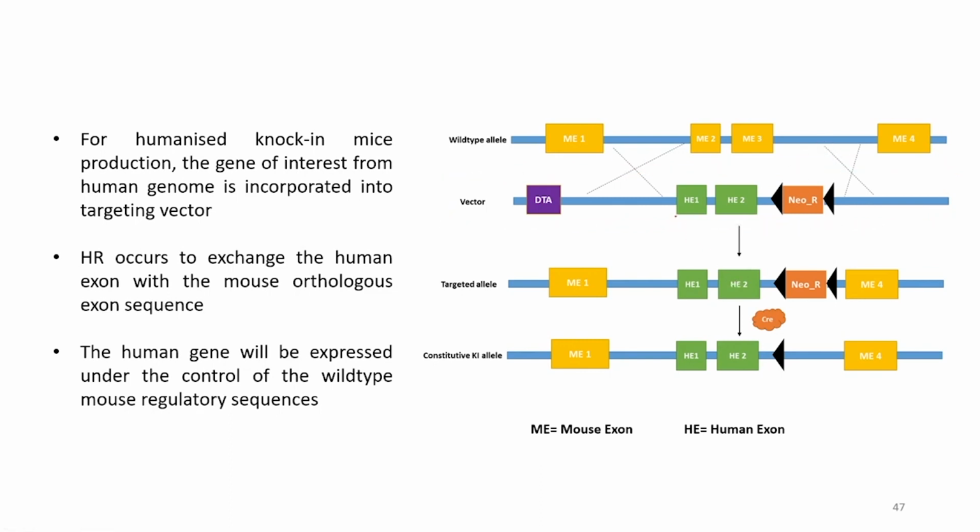You have these human exon 1, human exon 2, the marker genes, the LOXP sites, as we have already discussed, and these are the stretches with homologous sequences, and as a result of these, this wild type mouse is replaced with human genes as well as a neomycin R marker, and we can select these and then at a later step using the Cre-LoxP recombinase system, this antibiotic gene is got rid of, and this is the constitutive knock-in allele which is the outcome of this entire exercise.